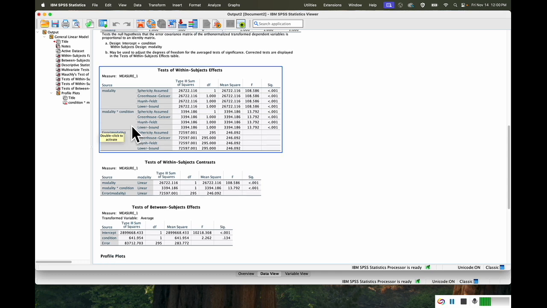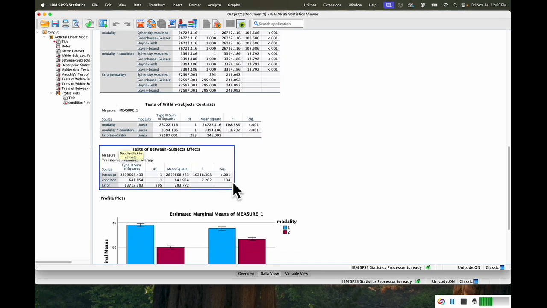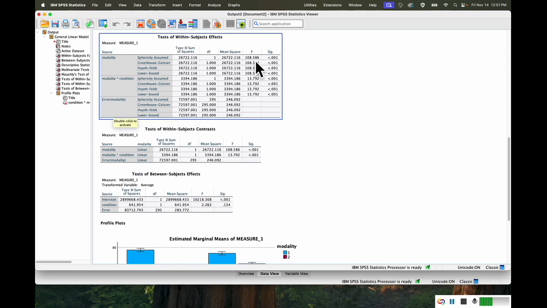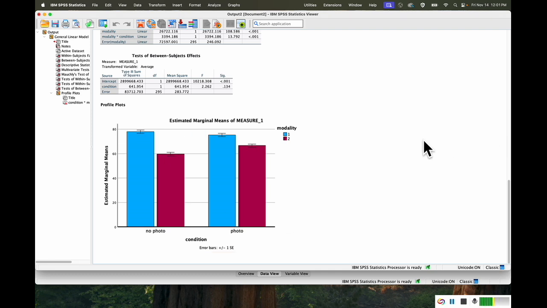If we go down here to between subjects effects, we see that there is not a significant difference between photo and no photo. So there's no main effect of condition but there is a main effect of modality and an interaction between modality and condition. When we look at these graphs here, we can get an idea of where that effect is.